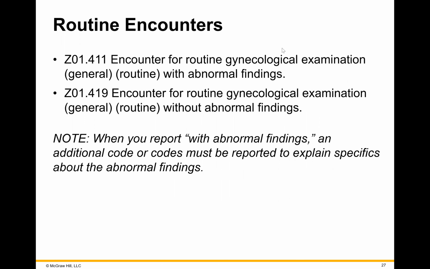We have routine encounters for GYN checks, the Z01.411, Z01.4119. The difference is one has abnormal findings, one is without. If you report something with abnormal findings, it's kind of obvious that you have to report what these things are.